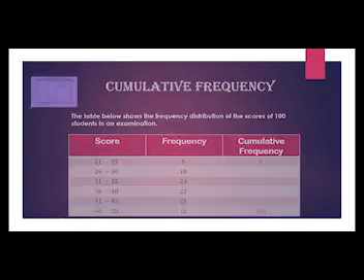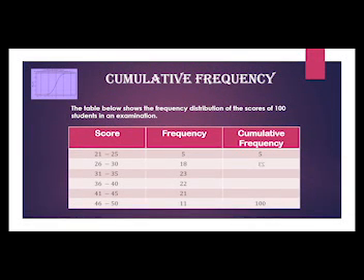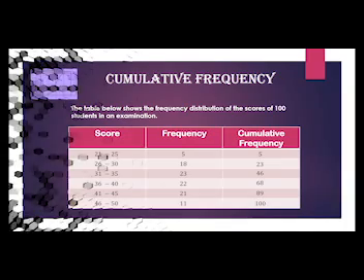Completing our cumulative frequency column in this table, this is what we'll get. Remember, cumulative frequency is simply adding up the previous frequency to our current class interval's frequency. So this is how we got the values of 23, 46, 68, and 89. Now remember, your total frequency and your cumulative frequency should be the same value.